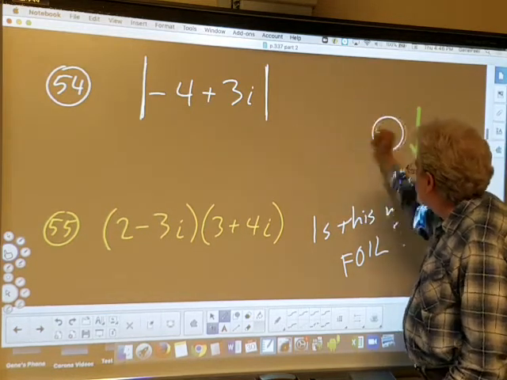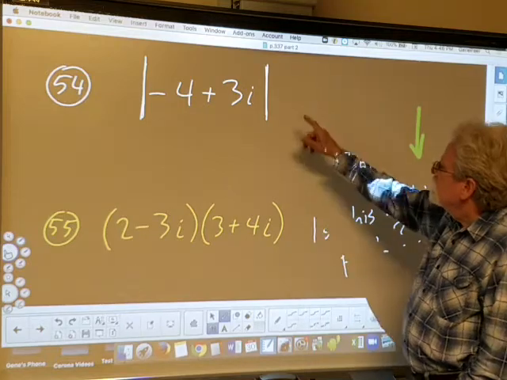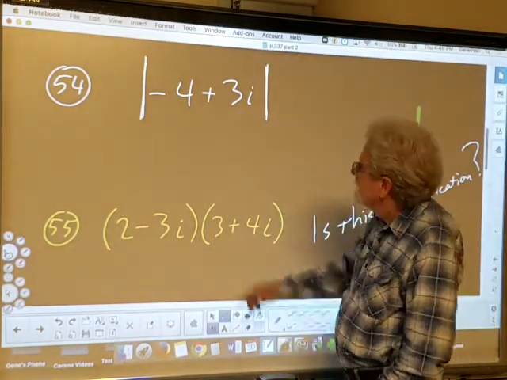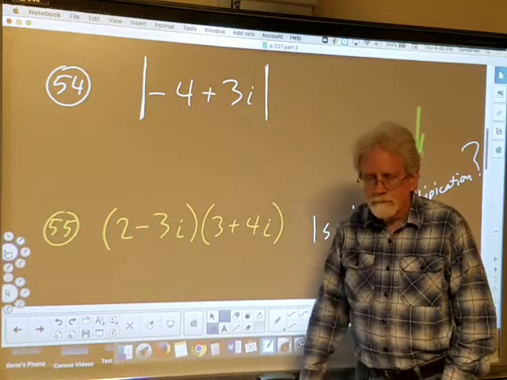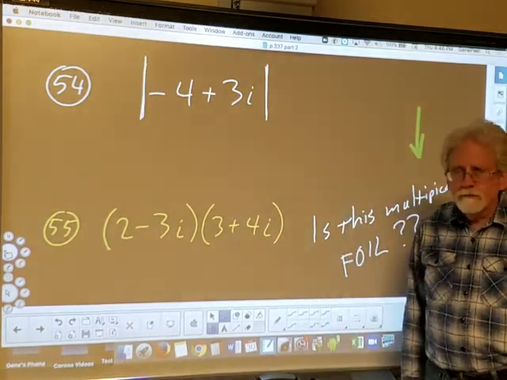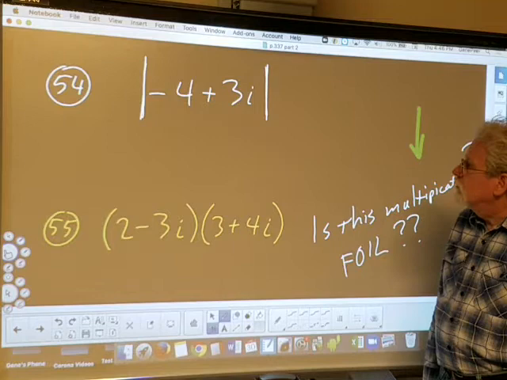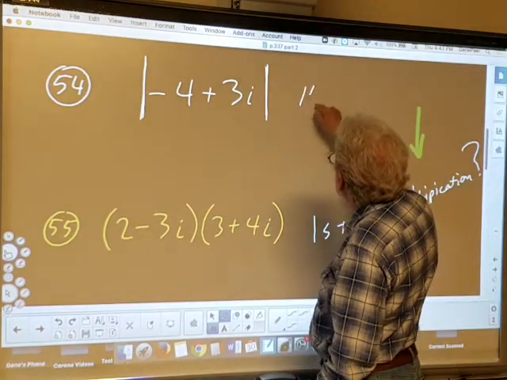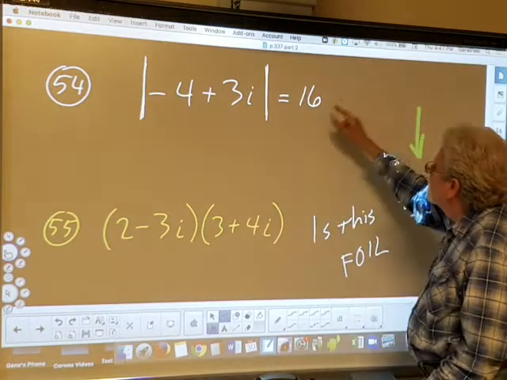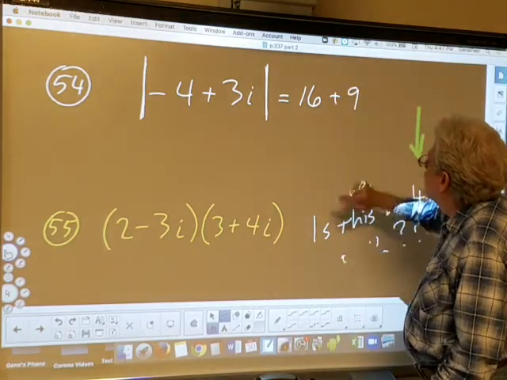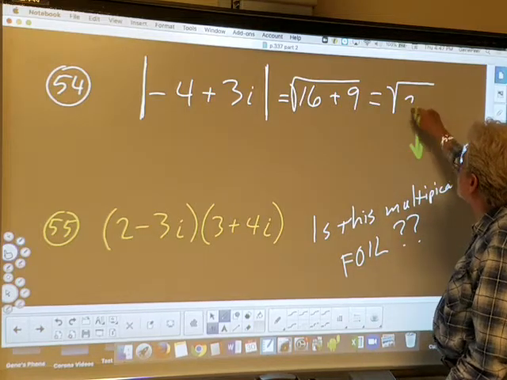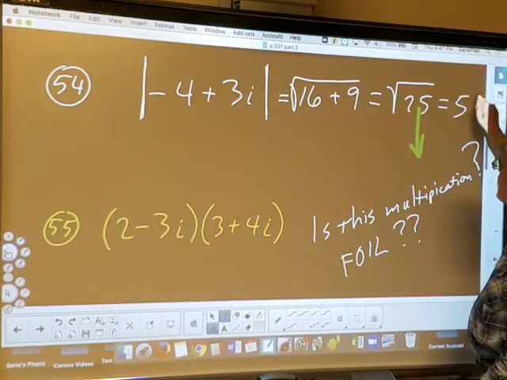So, bottom line, as we've said before, your formula says we just square this guy, square this guy, add the answers and take the square root. So we square our -4. We square our 3. We take the square root of the answer. That's going to be the square root of 25, which is 5.